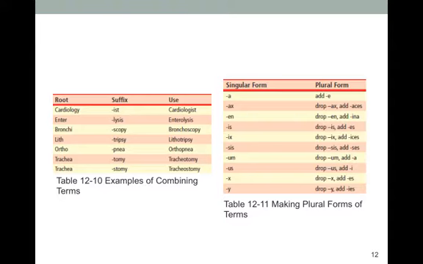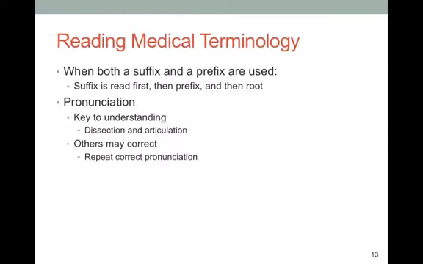Singular forms: if it ends in a, the plural form would be to add an e. In another way, if a singular form ends in y, drop the y and add ies. So a few rules there as you come across these. Just take a good look at them. Reading medical terminology. When both a suffix and a prefix are used, the suffix is read first, then the prefix, then the root.